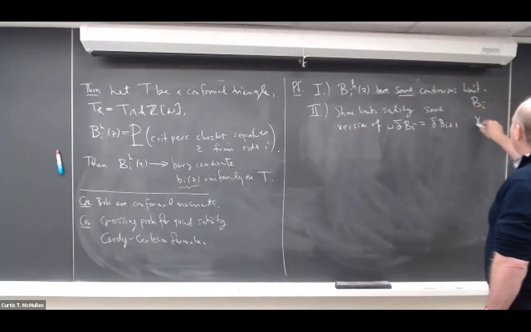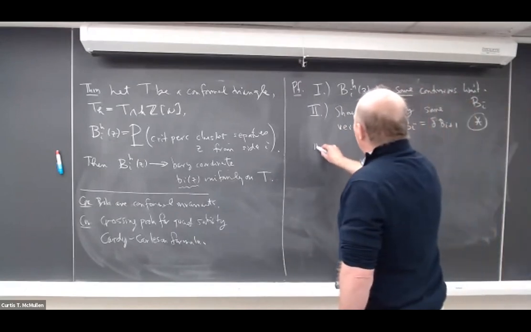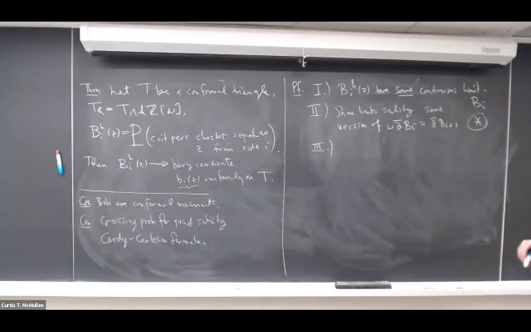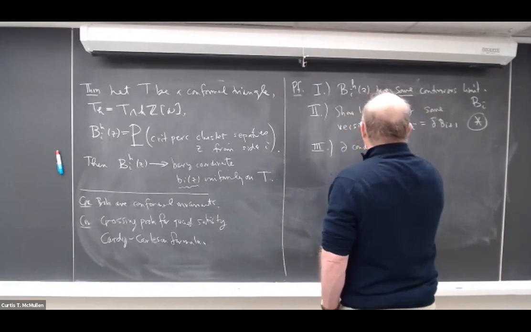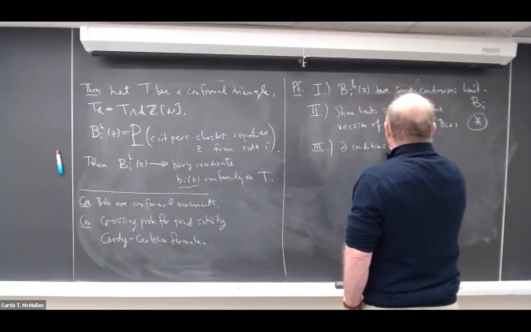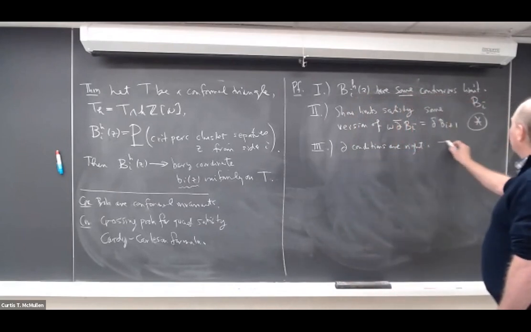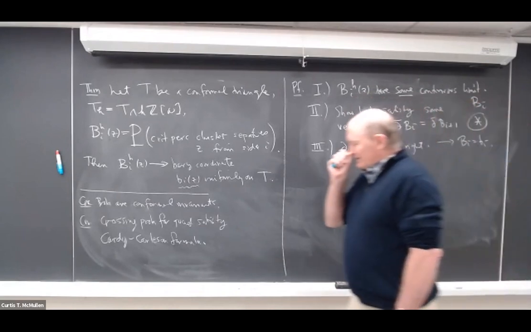And this will be the key to the proof. This was Smirnov's big breakthrough, showing that these sort of triple Cauchy-Riemann equations are satisfied. And then the last step, which is easy, is to show that the boundary conditions are right. And then from the theorem we just proved, this will imply that B_i equals standard barycentric coordinates.